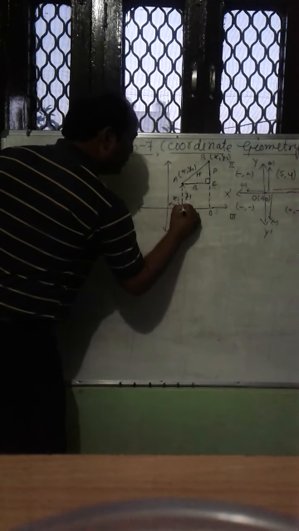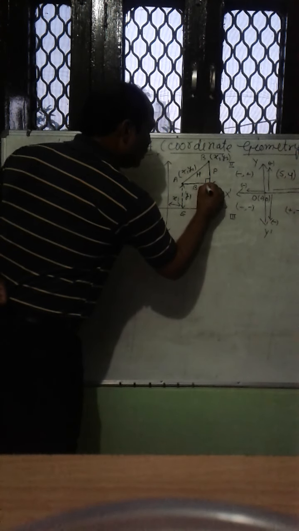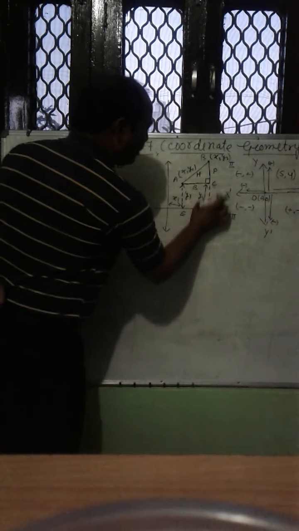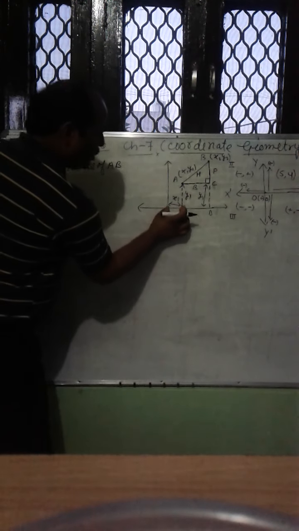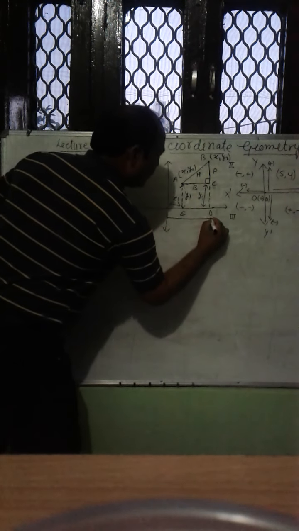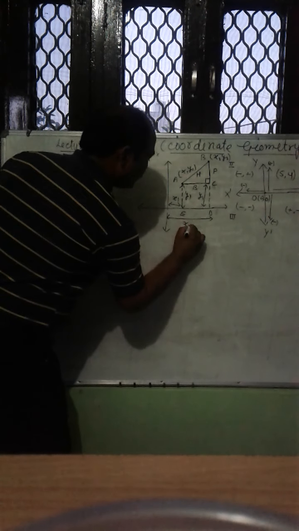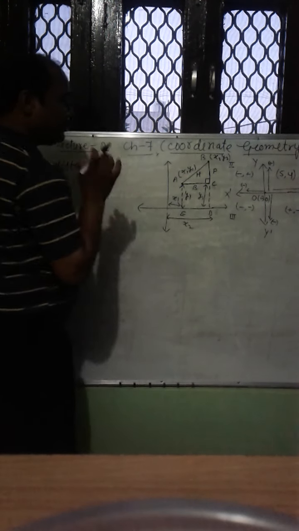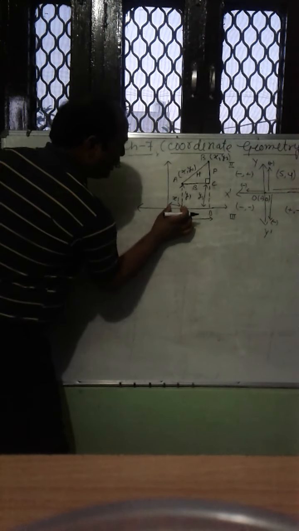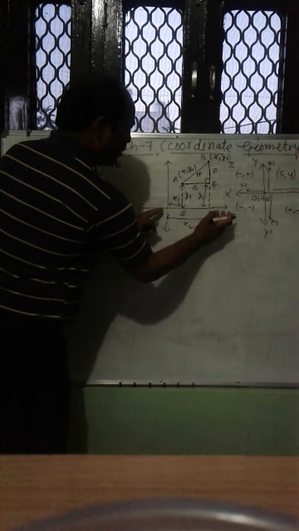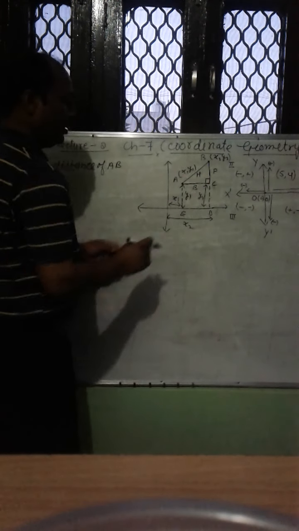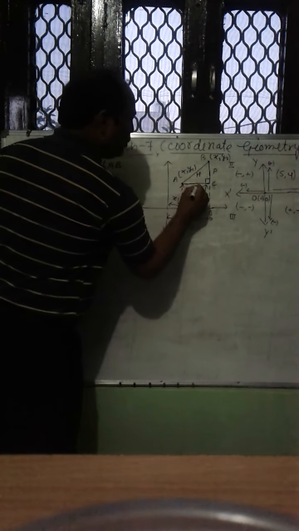Similarly here it is also y1, because both distances are the same. This whole distance is x2, and this small distance is x1. So to find the distance AC, it is x2 minus x1.